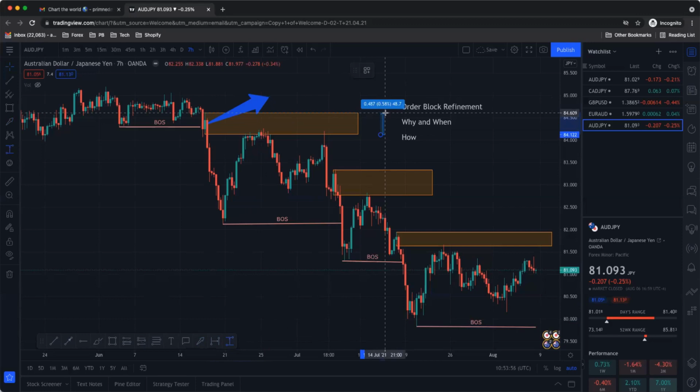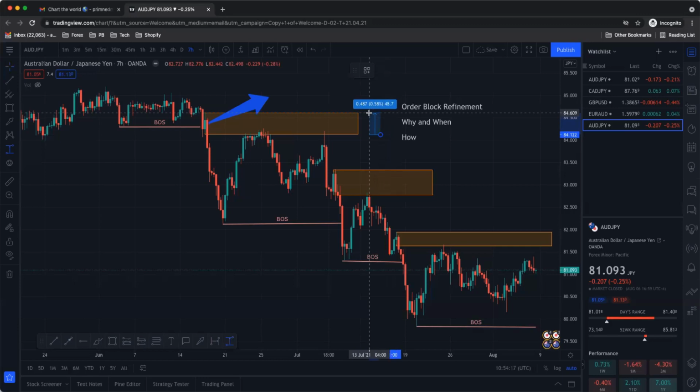In order to reduce that range, we refine it so that we'll have the smallest stop possible and the biggest reward. This is why we need to refine the order block.